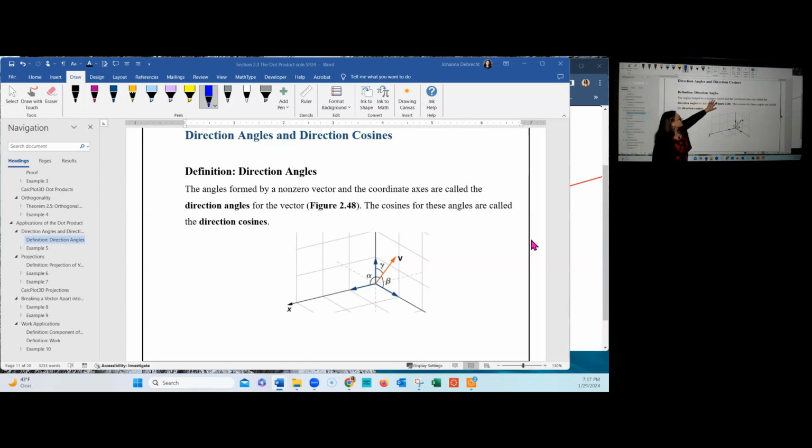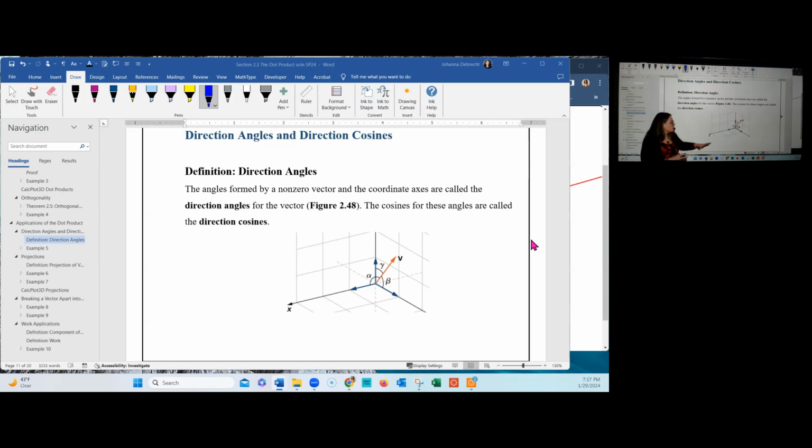So when we're looking at this, we have the coordinate axes, and then we've got this vector v here in red. This vector creates an angle with each of the three axes. We name these angles alpha, beta, and gamma, in order of the relationship to the different coordinates.